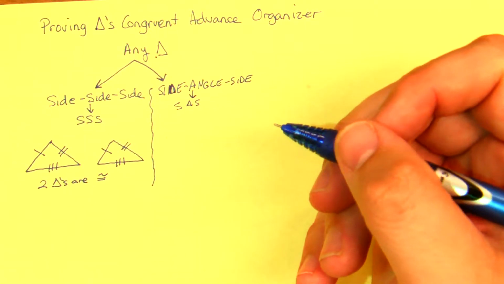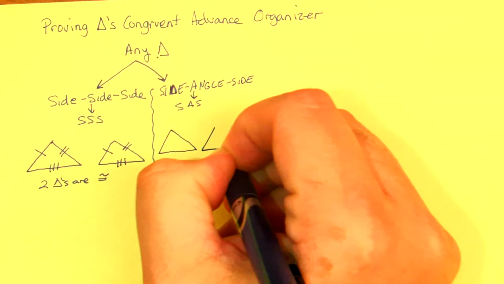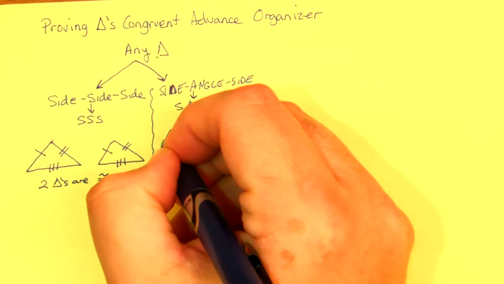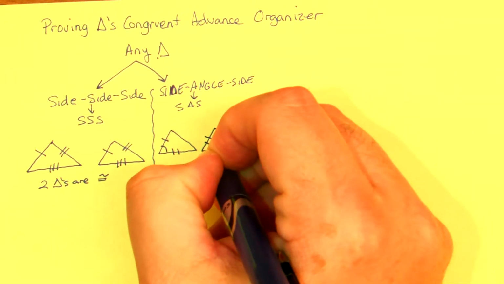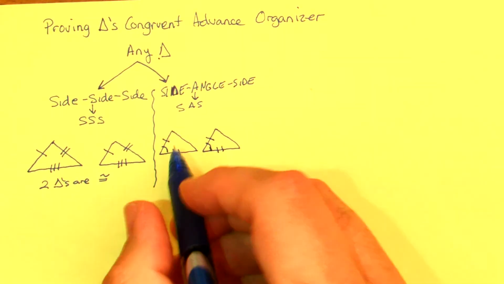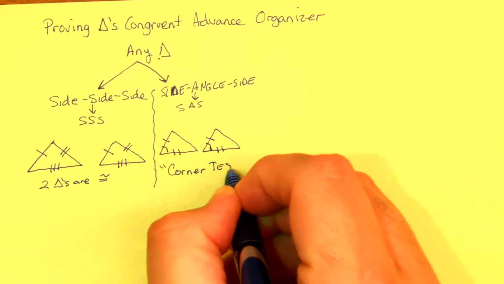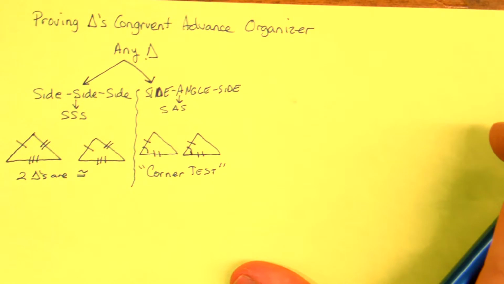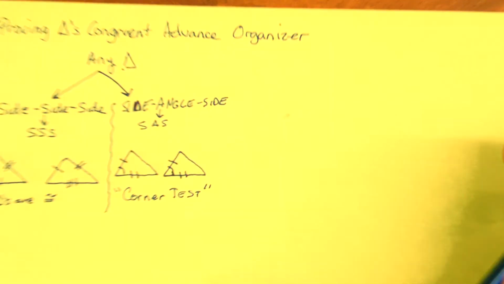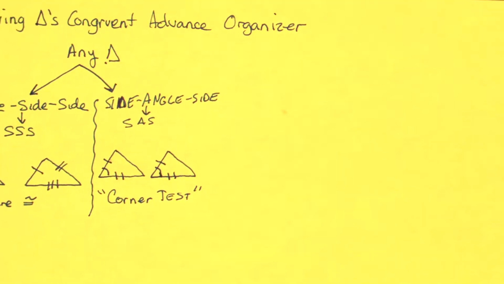If you have 2 triangles, you have a side, you have an angle and a second side, and a side and an angle and a second side. I call this one the corner test. If you're able to prove a corner of a triangle, you could get side angle side out of this.